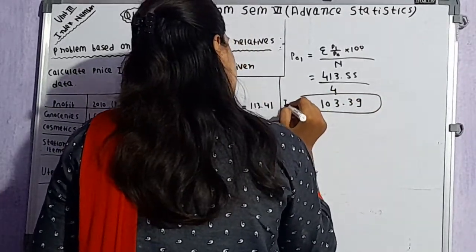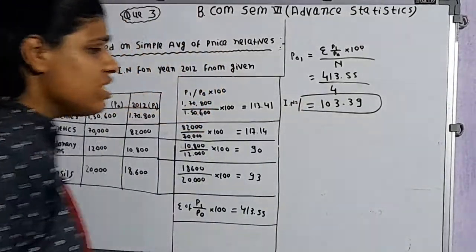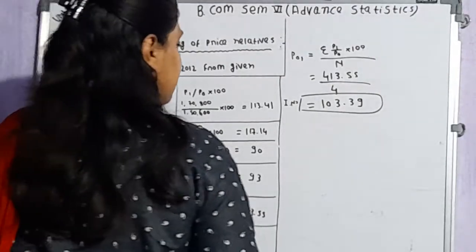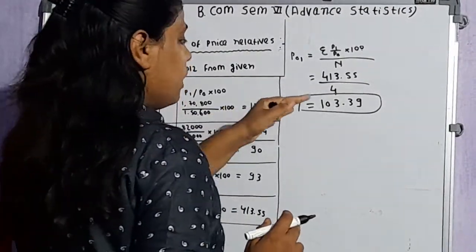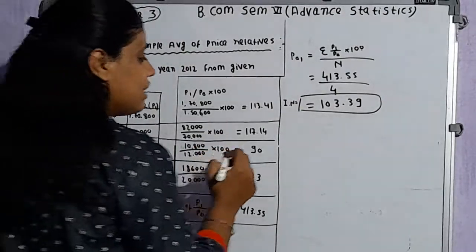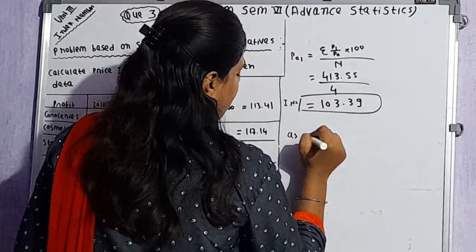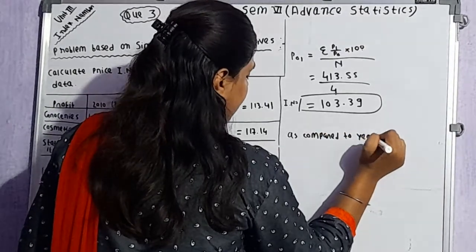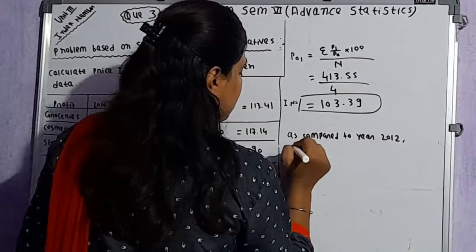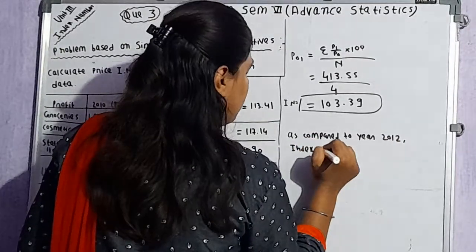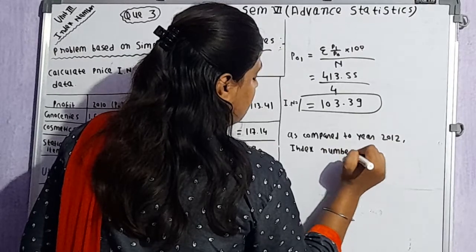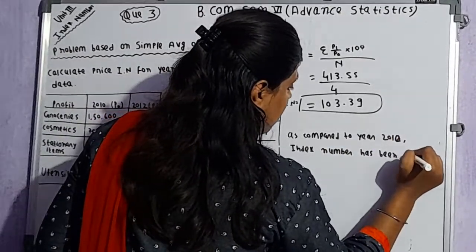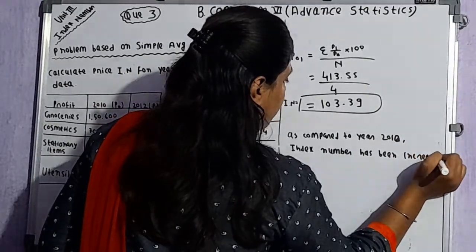So the index number is equal to 103.39. It indicates that there is a relative change in the index number of 3.39%, or we can say that as compared to the year 2010, the index number has increased in the year 2012.